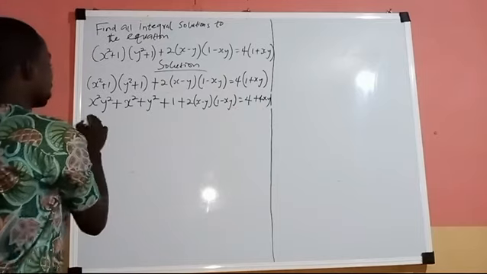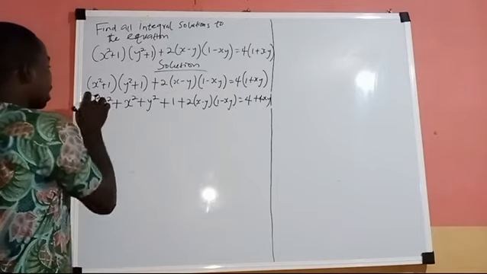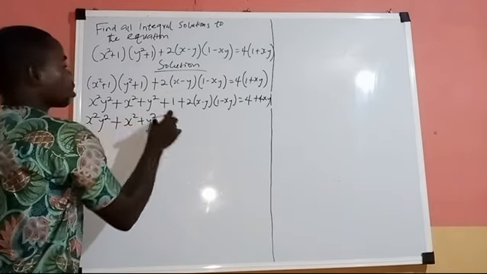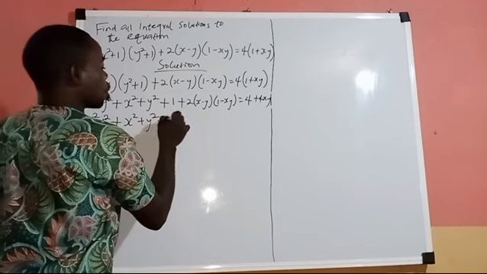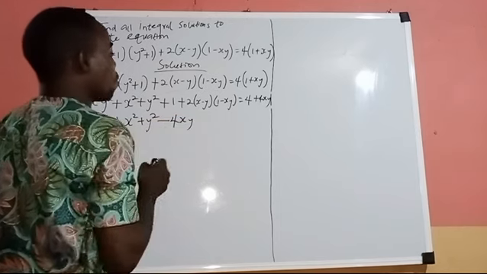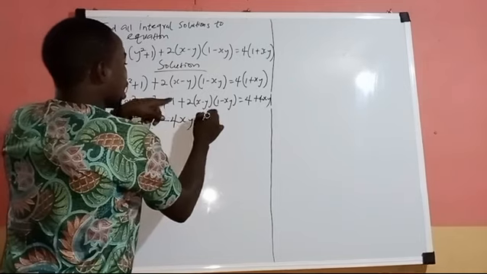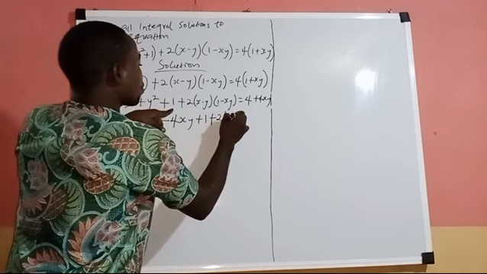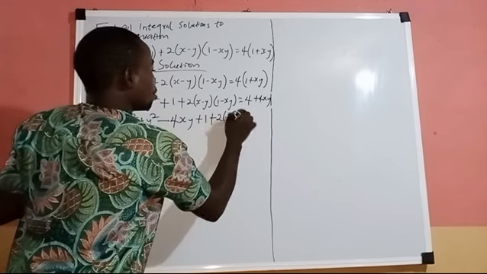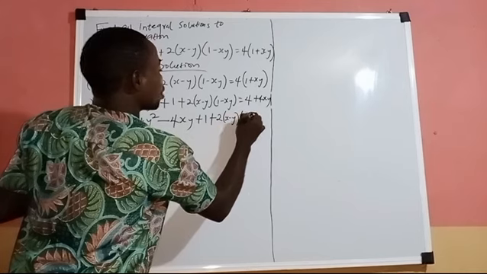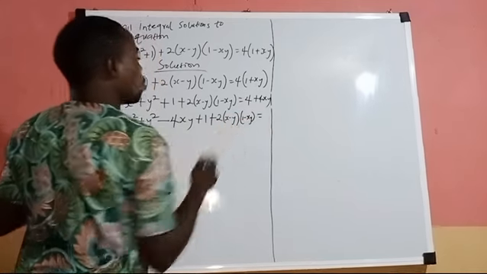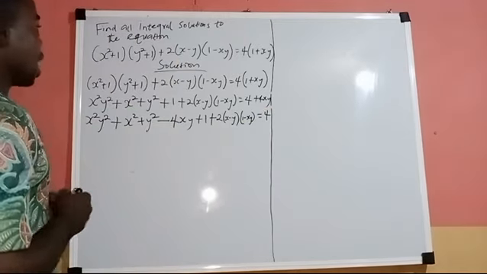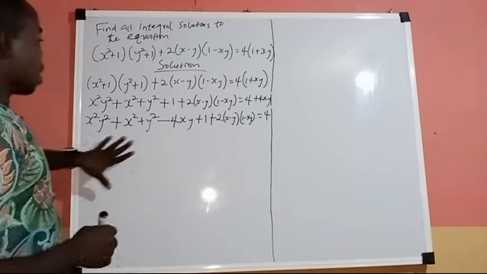So x squared y squared plus x squared plus y squared, and then bring this one right here, and of course if it comes here it turns to minus 4xy, and then plus 1, plus, then I will write this term as it is, 2 into (x minus y), into (1 minus xy), and it is equal to 4, which is what we have left on that side of the equation. Okay, so this is what we have right here.